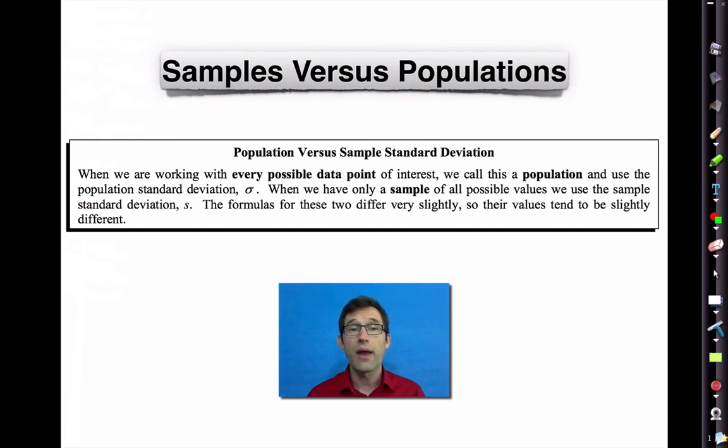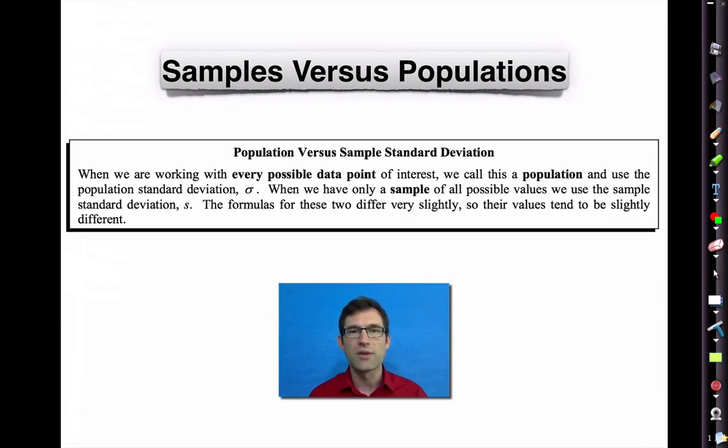On the other hand, if I had those 600 students and I wanted to just take a sample of 50 of them, a fair sample hopefully, then I would use the sample standard deviation, the s. Now, for the record, the formulas used for those two are just barely different. So in large data sets, like 50 people, 600 people, there's almost no difference in the values.